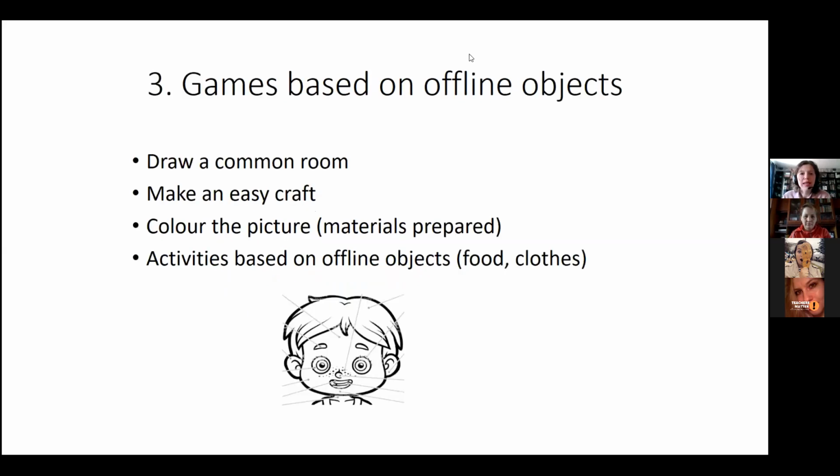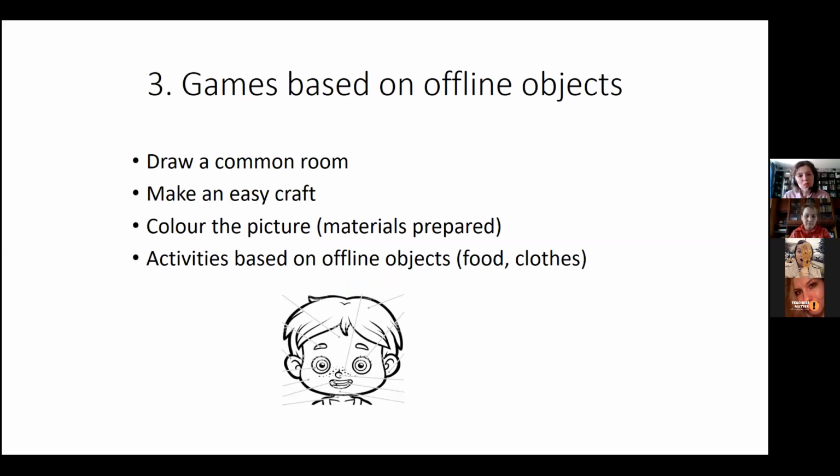The next one is games based on offline objects. So you can just draw a common room. When we were learning furniture and rooms with my students, I asked everyone to name one object and everyone had to draw a common room. So we got one object from one person and we had to describe the room all together.